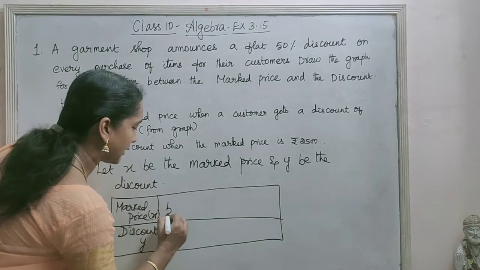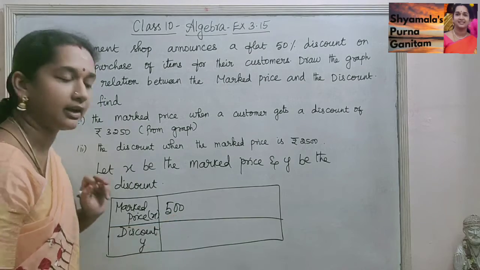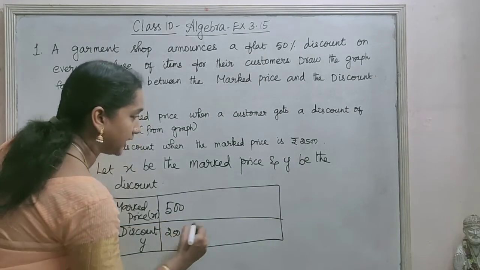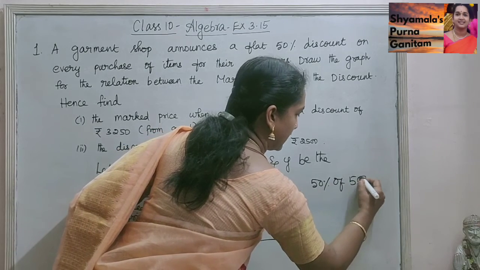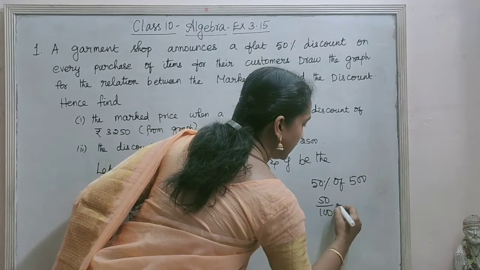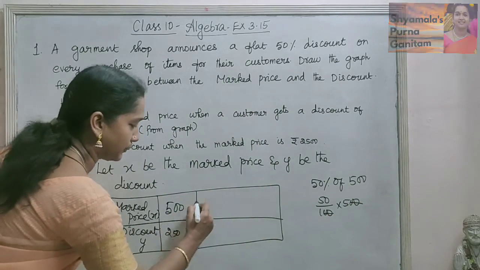If we take the marked price as 500, 50% of this 500 will be 250. So, 50 by 100 into 500. When we simplify this, we will get 250.